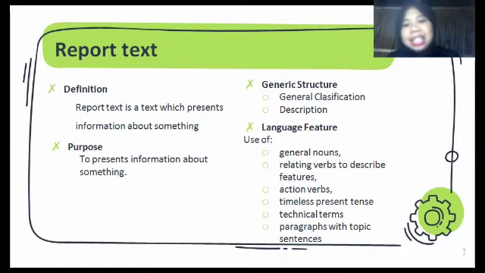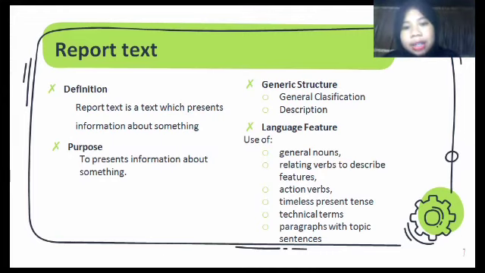And then the last is the language features or characteristics of report text. First, use of general nouns, not particular nouns. General nouns are like hunting dogs.